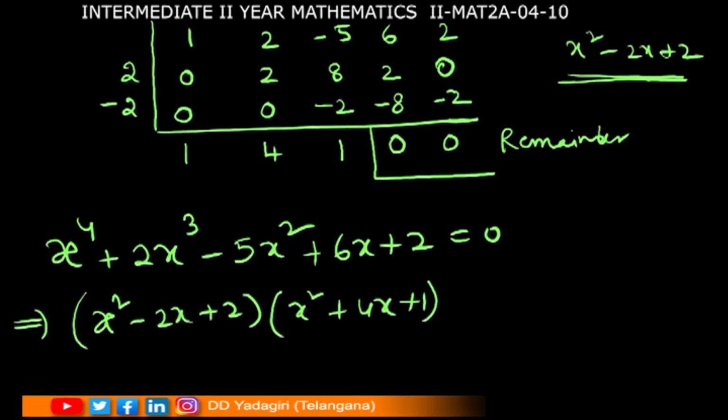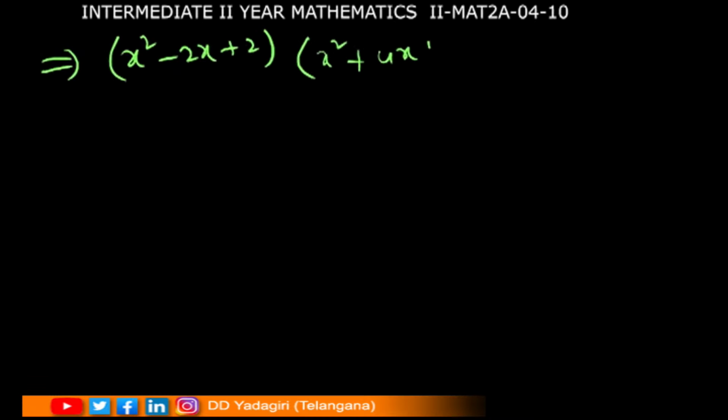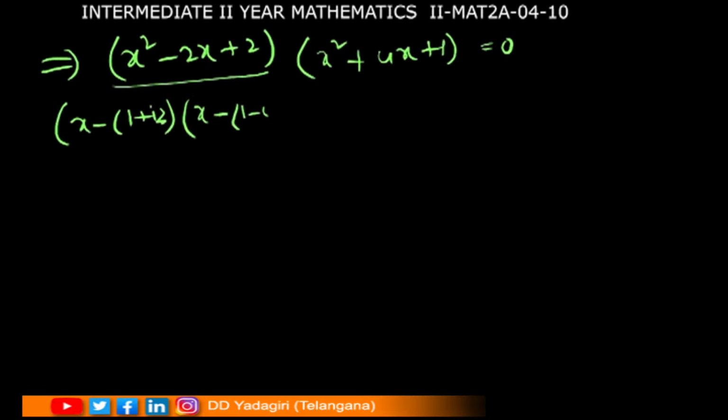These are the two quadratic factors, right? Let us go further. We already know the factors of x square minus 2x plus 2 as x minus 1 plus i and x minus 1 minus i. Now what are the factors of x square plus 4x plus 1?